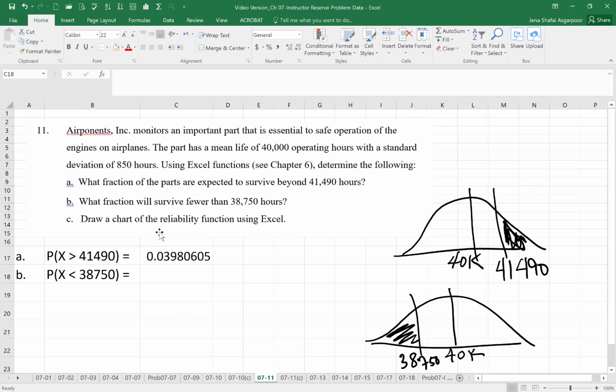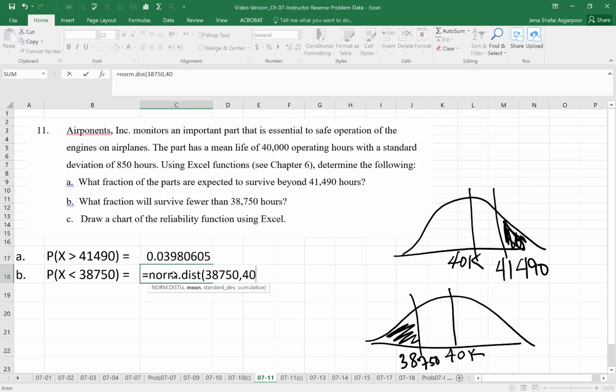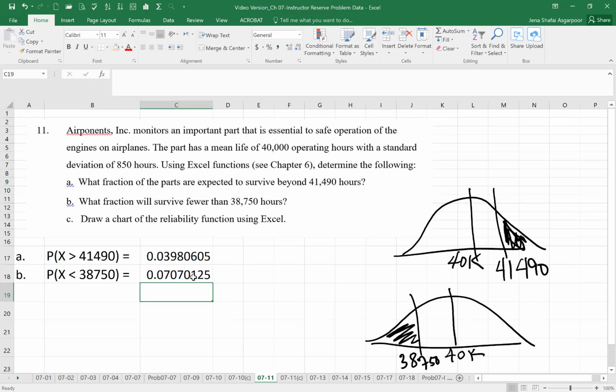So that's a strict application of the norm distribution function. So equals NORM.DIST, our x value is 38,750. Mean is 40,000. Standard deviation is 850, and I want to say true. And so almost 7%, 7.1%.